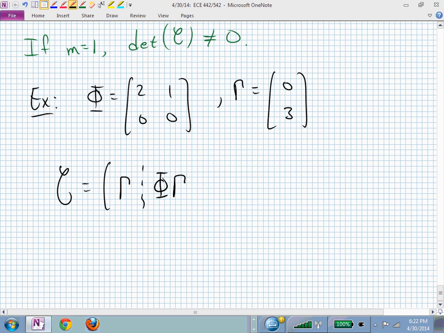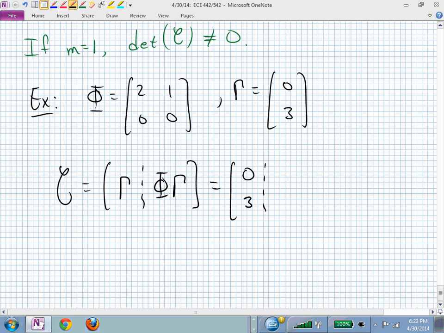That's it, isn't it? Little n was 2. I need to keep going until the power of phi is n minus 1, or in this case, 2 minus 1, so I have phi to the 1 power. This now says that my controllability matrix is 0.3, and phi times gamma.